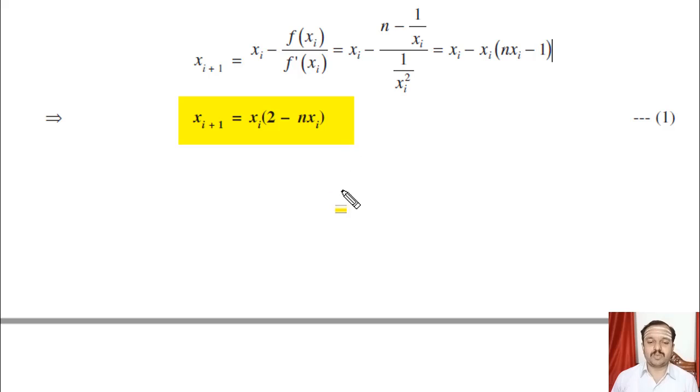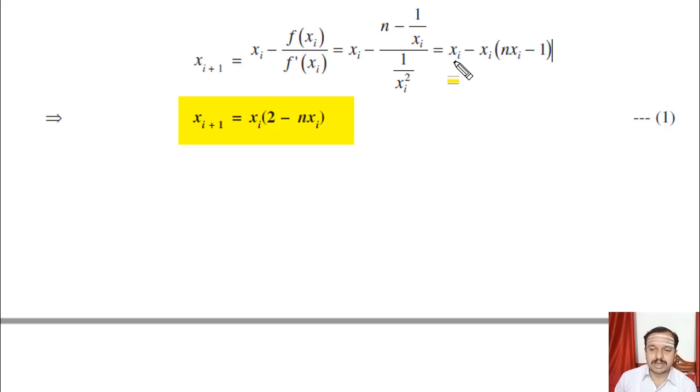We got x_{i+1} = x_i (2 − n x_i). That we have done here. You can observe over here, this is a very simple simplification.